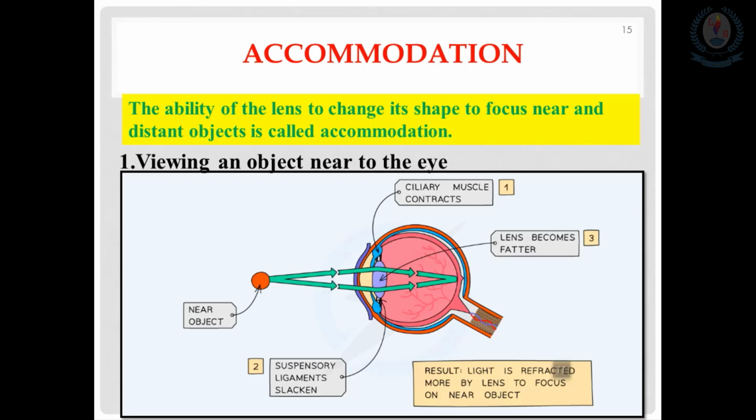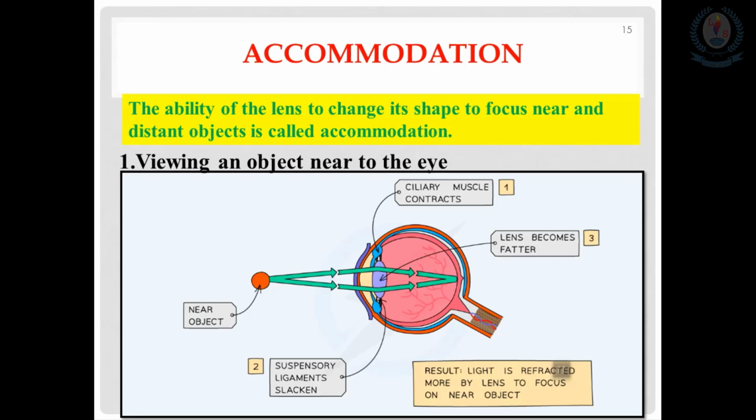So when you look at the structure of the eye again, the lens is surrounded by a circular muscle called ciliary muscles. This is connected to the lens by fibers which are called suspensory ligaments. By contracting or relaxing the ciliary muscles, we can change the thickness of the lens.